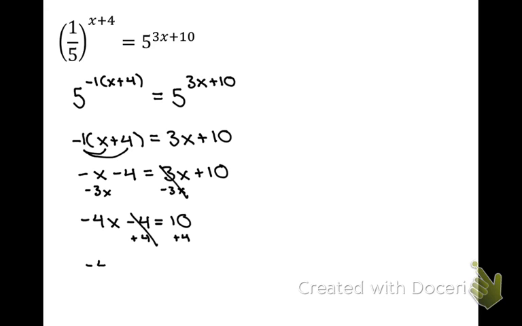We get -4x = 14. And my last step here is going to be divide by -4. So I have that x = 14/-4. We can reduce that. This would give me -7/2.